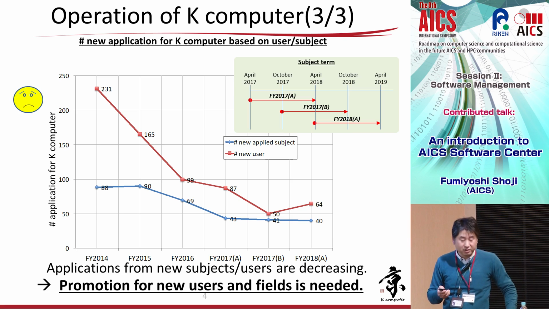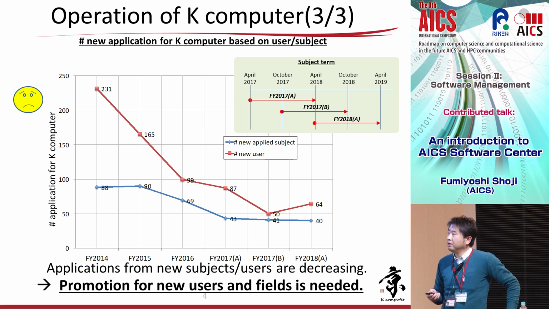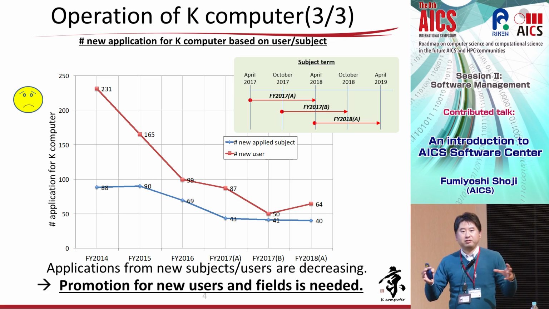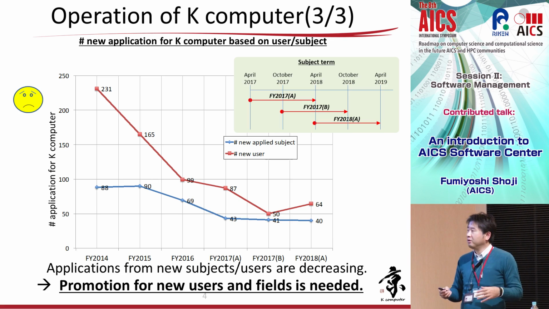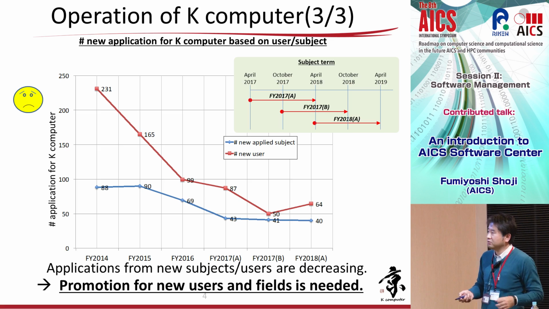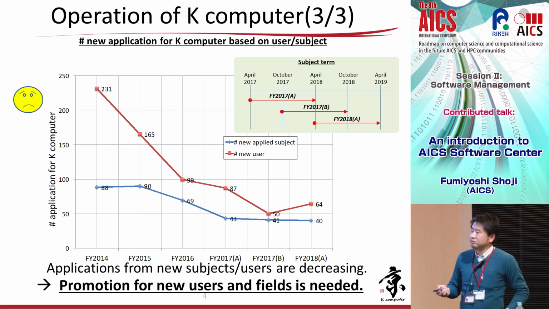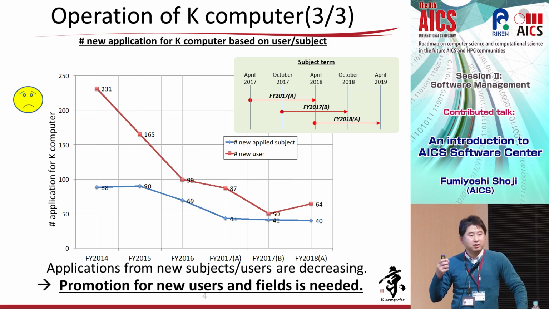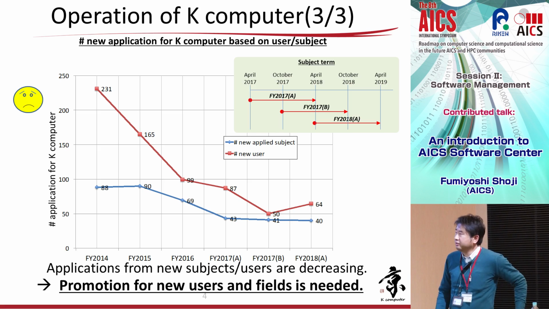This is very bad news because, in some sense, it means the shrinking of the user community, so it's really negative information for the next project or next investment. So we have to try to promote new users and new fields of science and engineering.